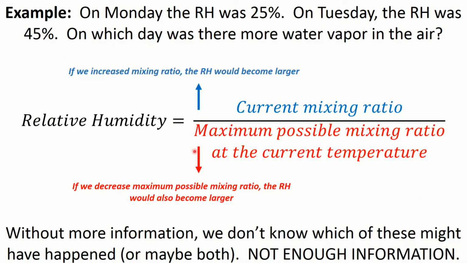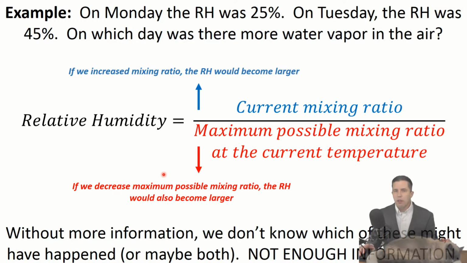The problem is without enough information, I actually don't know which of those two things happened. Or maybe it's a little bit of both. So this is the problem with relative humidity. If I told you the dew point increases, you know the amount of water in the atmosphere had to increase. If I tell you the mixing ratio increases, you know the amount of water in the atmosphere had to increase.